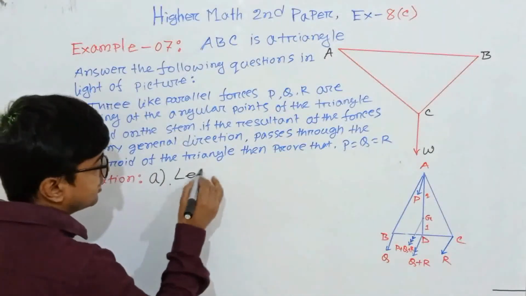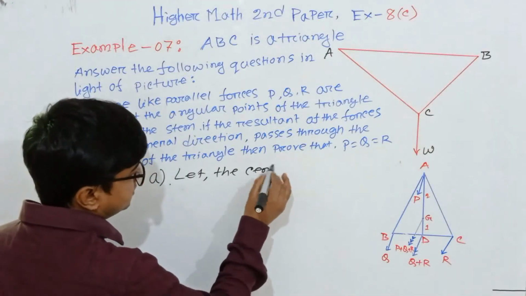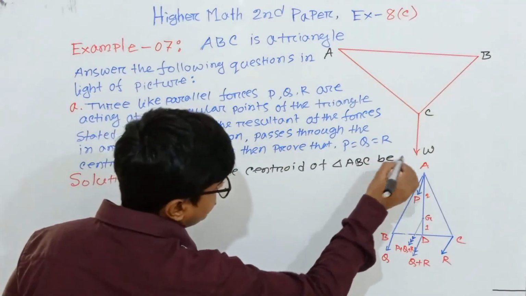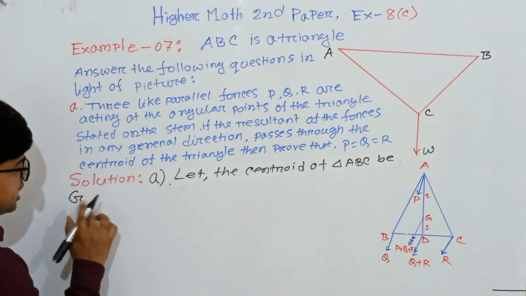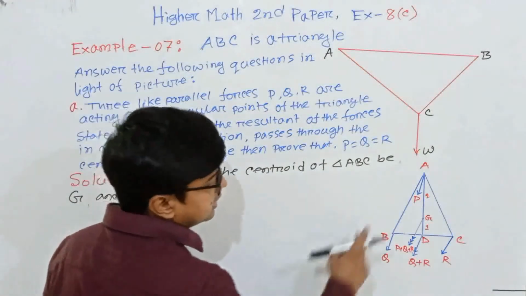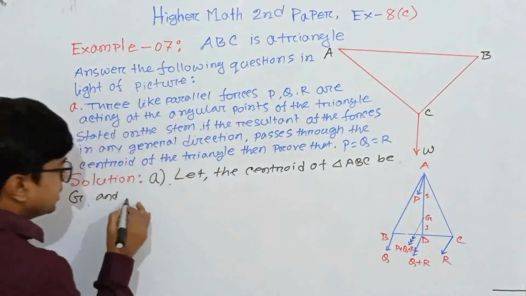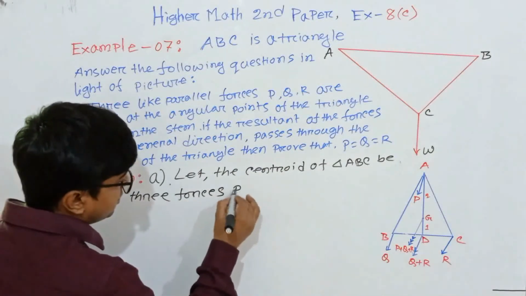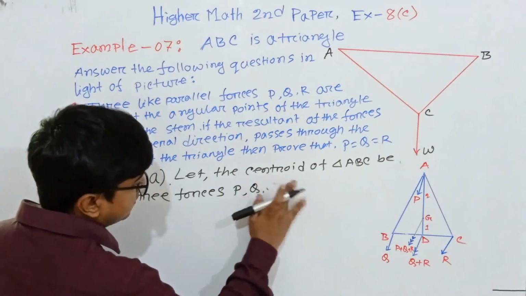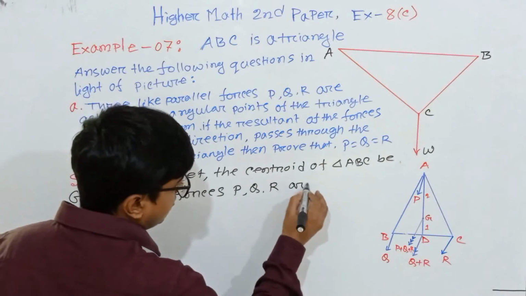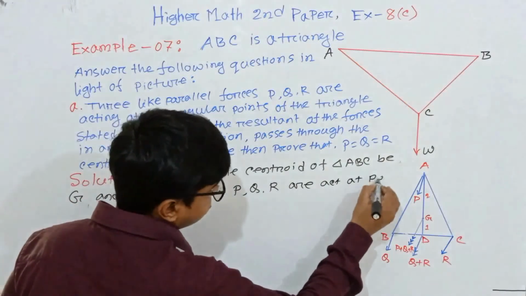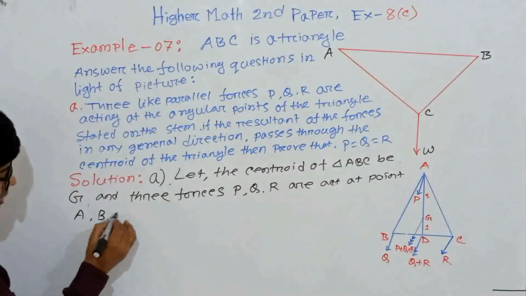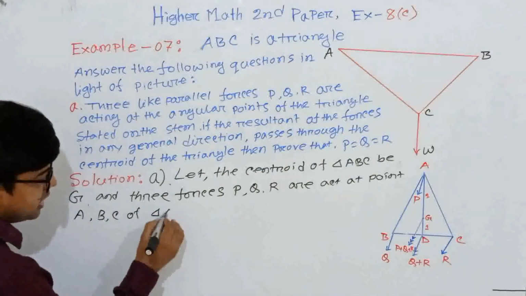So we can write, let the centroid of triangle ABC be G. And here look at this, there are three forces P, Q, R acting at points A, B, C of triangle ABC.